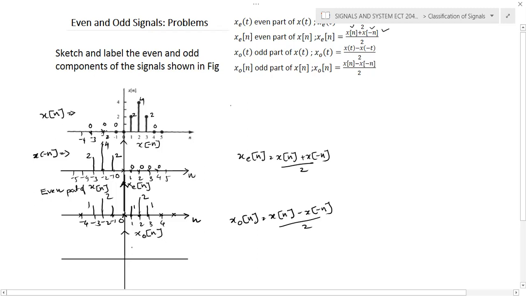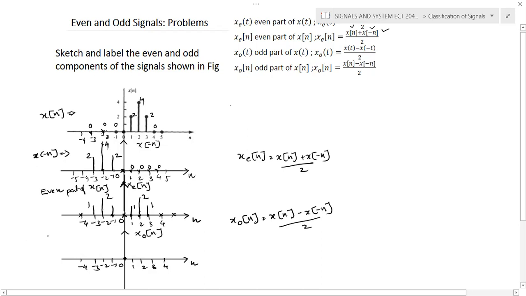Okay, so corresponding values we need to subtract. So we can mark the values 0, 1, 2, 3, 4. So you always need to indicate all these values, minus 3, minus 4. Okay, so we can start from 0 onwards. At 0, here it is 0, here also it is 0. So 0 minus 0, you'll get 0.